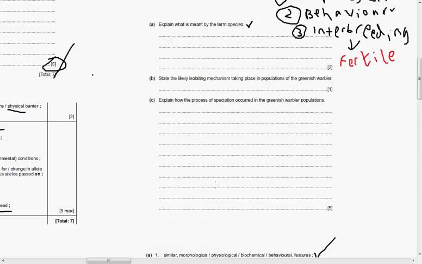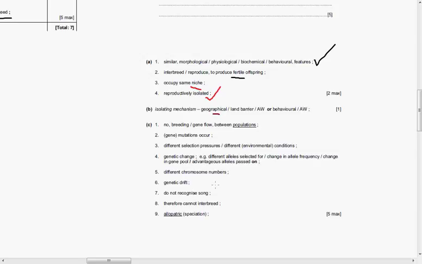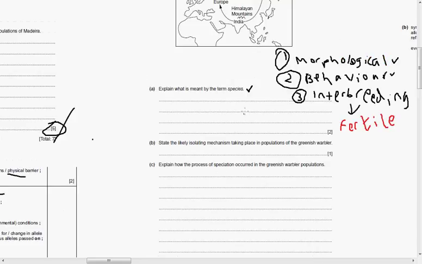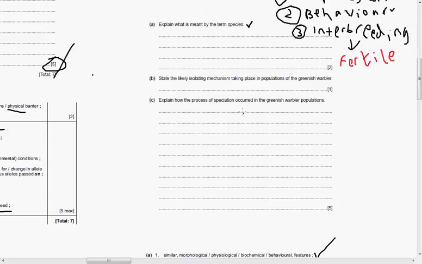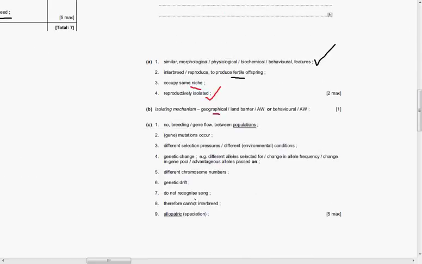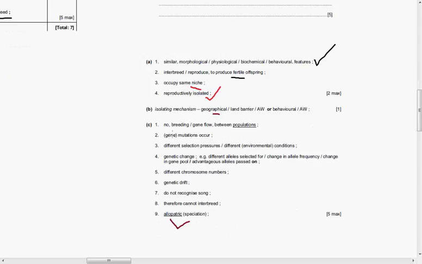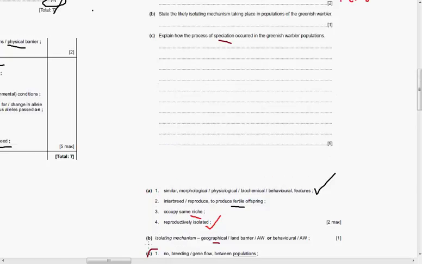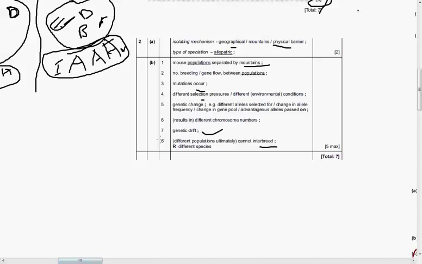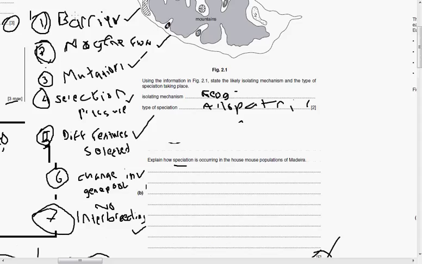Then one thing you should understand: because there is no mention here of what kind of speciation this is, you have to mention it, allopatric speciation. And even here the same points again, you have to mention them when you are asked. The same points as this one. There are 7 points.